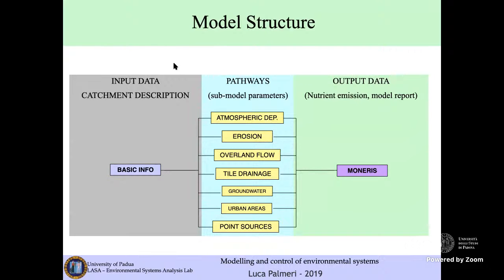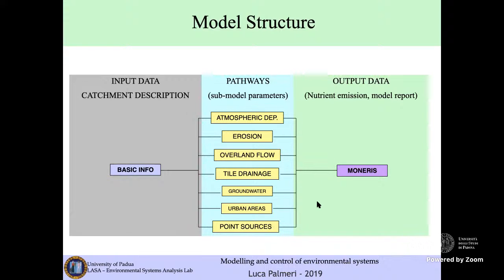So we collect all this large amount of input data, which we may describe as the catchment description. These are collected into the first input spreadsheet, called basic info. Then from this spreadsheet, the nutrient loads are calculated through different spreadsheets: atmospheric deposition, erosion, overland flow, tile drainage, groundwater, urban areas, and point sources.